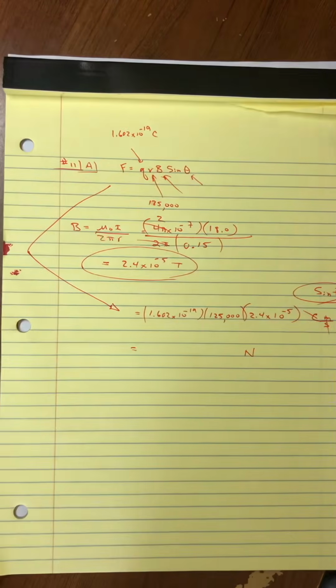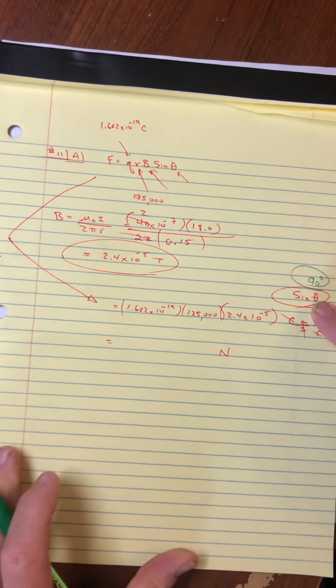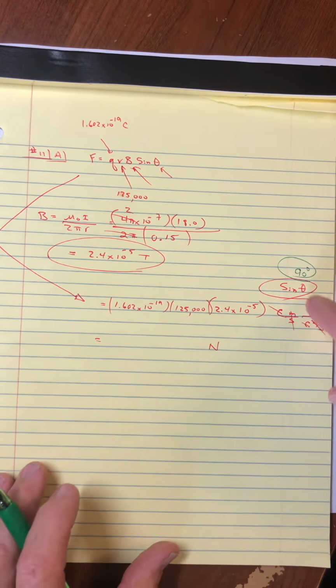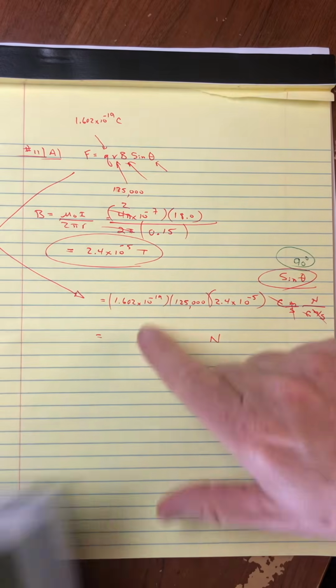So I can come back to my calculation and say the angle of orientation between the velocity and the magnetic field is 90 degrees. And sine of 90 is 1, so I won't even need to include it.